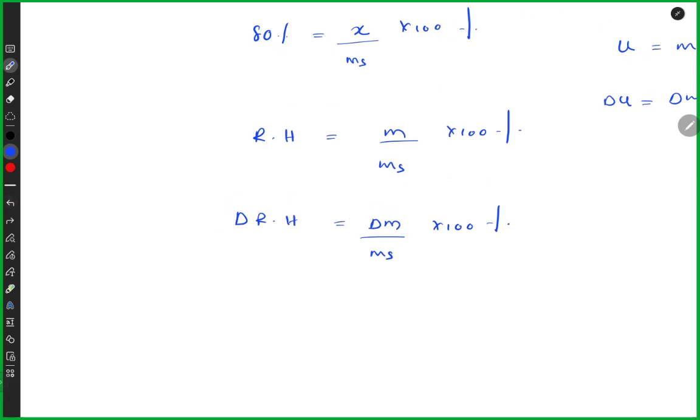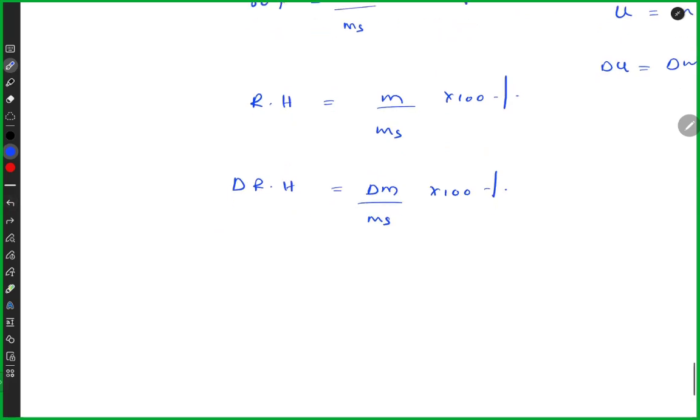So what I can say is that the change in the mass is m. Why? The biscuits have absorbed water vapor by an amount m. That's the mass of water vapor that the biscuits have absorbed. So the change in the mass of the water vapor is m. If you divide by ms and multiply by 100%, that's equal to the change in relative humidity, which is what?